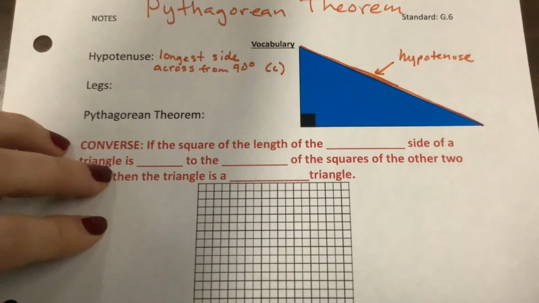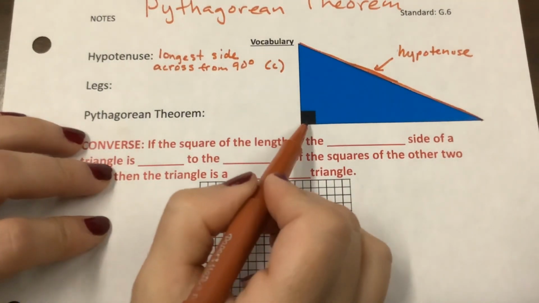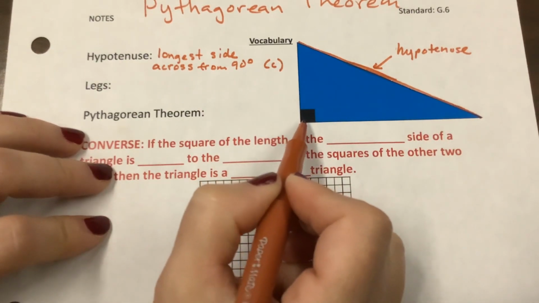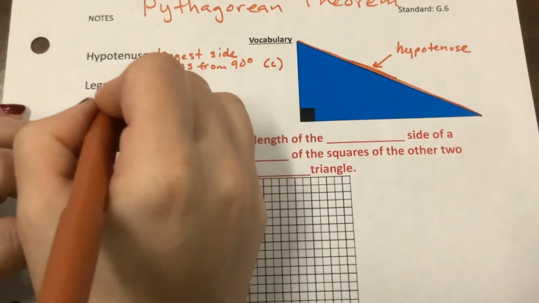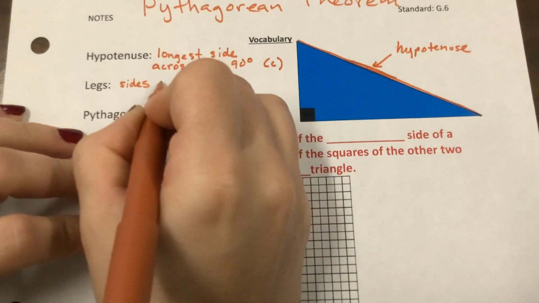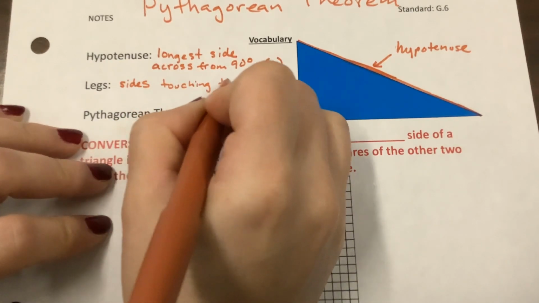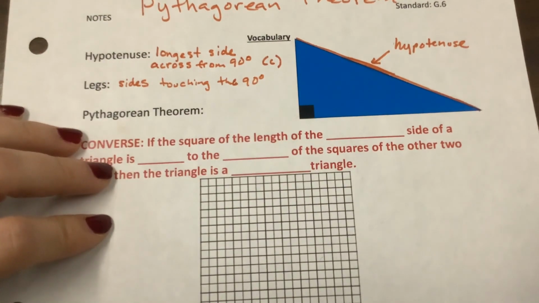All right, for the legs, okay, those are the sides that are touching this 90-degree angle, so it's these two side lengths here. And we like to use A and B for those. So the sides touching the 90 degrees, they actually make that 90-degree angle.